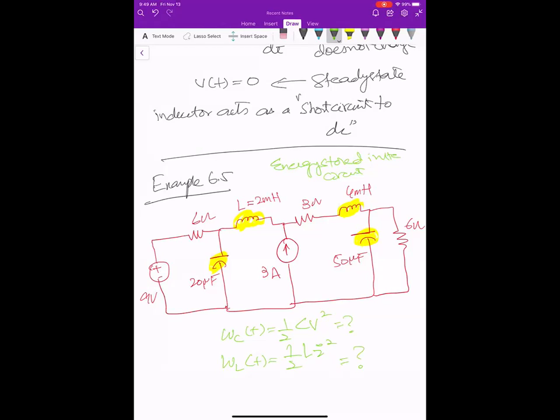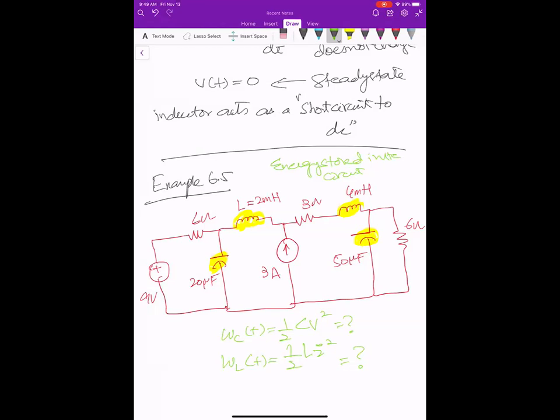To find out the energy, what are the unknowns that I have to find out in this circuit? The equivalent capacitance and inductance, and the total current and voltage. Yes, current and voltage, inductance and capacitance, right? That's right.